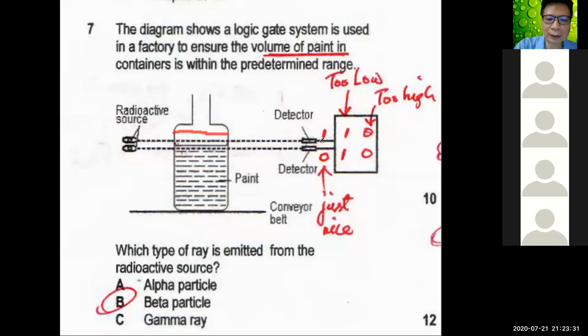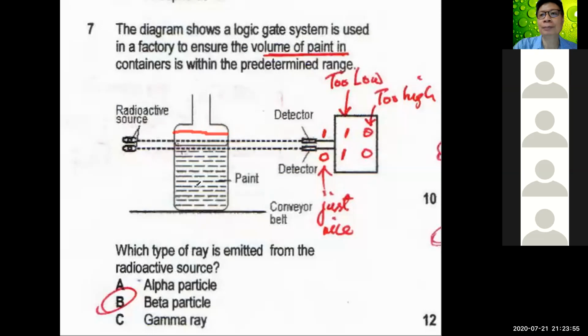Here, high. That means gamma cannot differentiate whether there is paint or no paint. But beta can. Beta can penetrate through this thin aluminum, and part of it is absorbed by the paint. When no paint, it doesn't absorb, so here the reading is high. Here with paint absorbing, the reading becomes low.